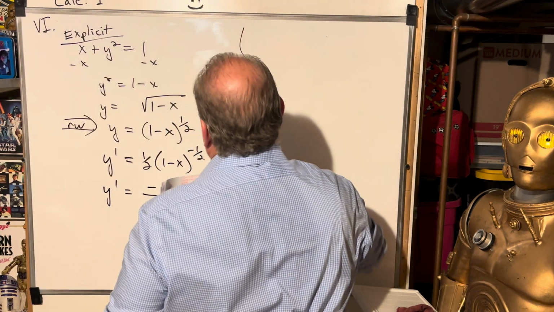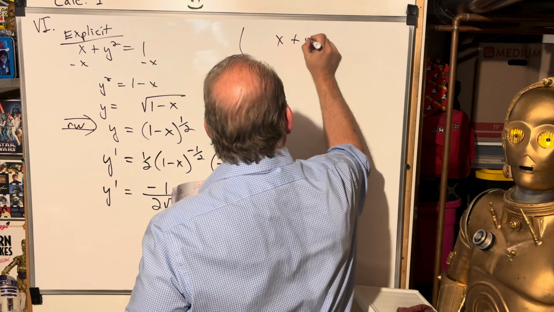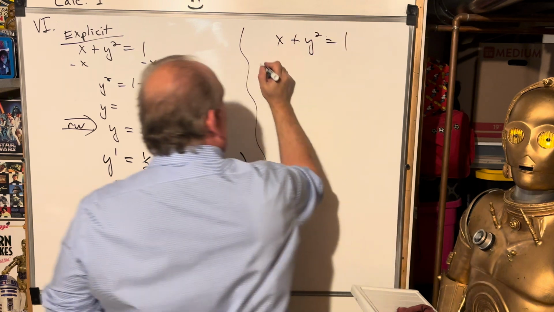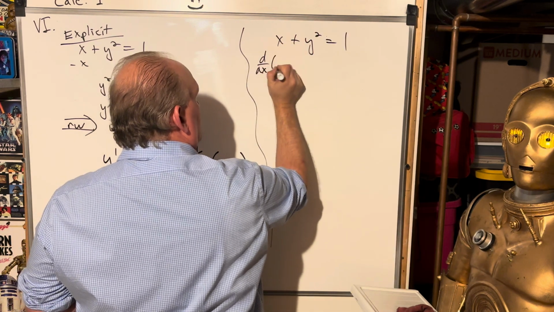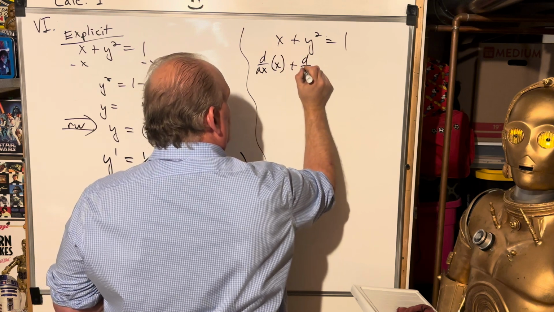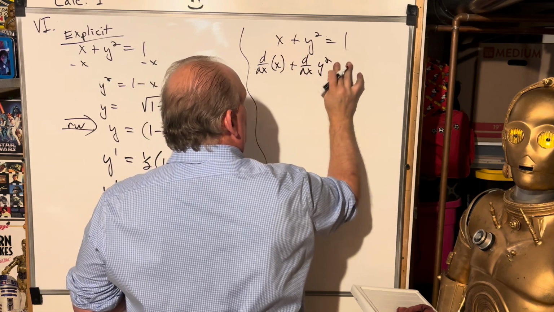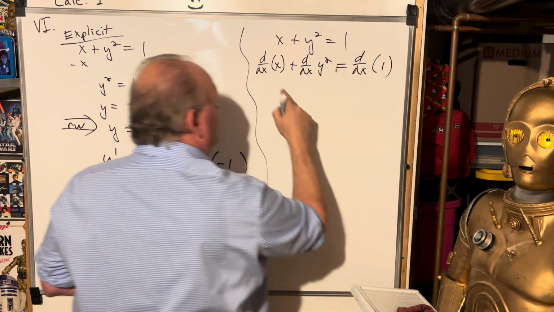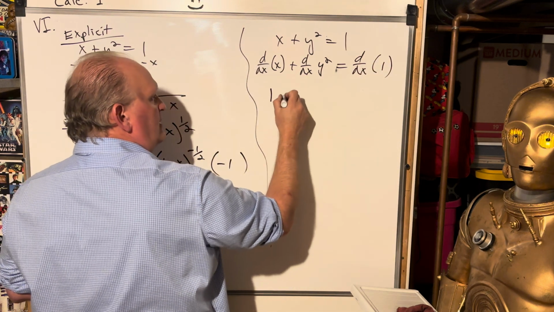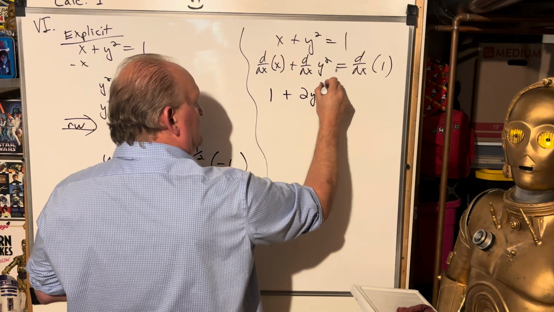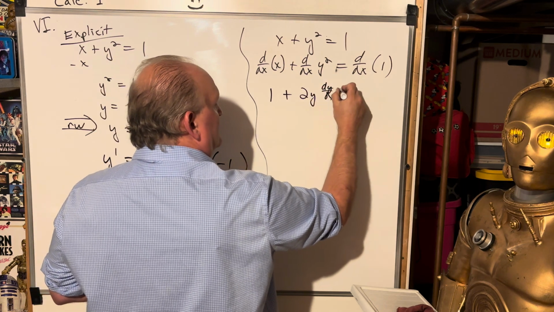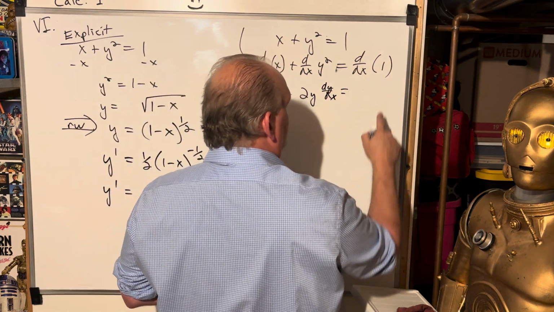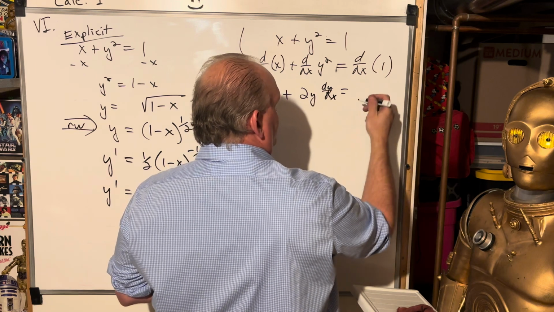Let's do implicit differentiation. X plus y squared equals 1. So d dx of x plus d dx of y squared equals d dx of 1. So that is 1. That is 2y dy dx. This is 0.